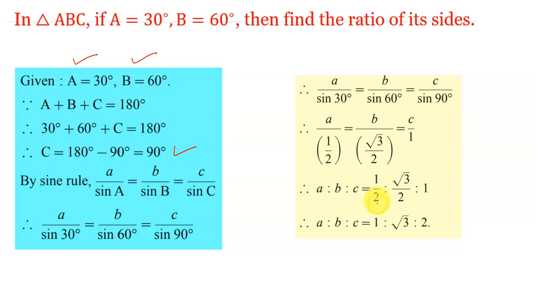Then 2 into 1 upon 2 gives 1. 2 into root 3 by 2, the 2 gets cancelled, you will get root 3, and 2 into 1 is 2. And hence the ratio of its sides A as to B as to C is equal to 1 as to root 3 as to 2.